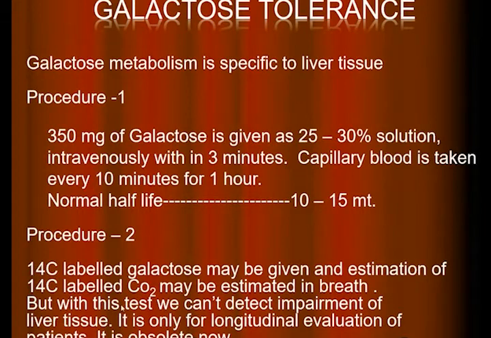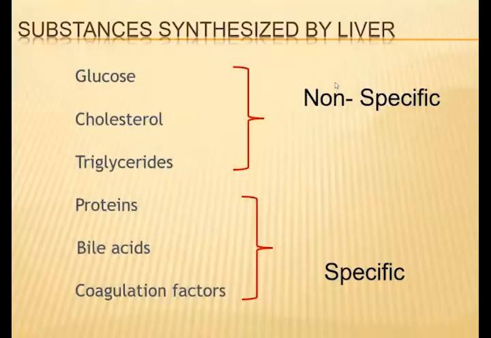Since we exhale carbon dioxide, they will take it from the breath and find the 14C labeled carbon dioxide, and it will show you how the liver is. It will be easy to find out whether galactose metabolism is normal in the liver tissue.